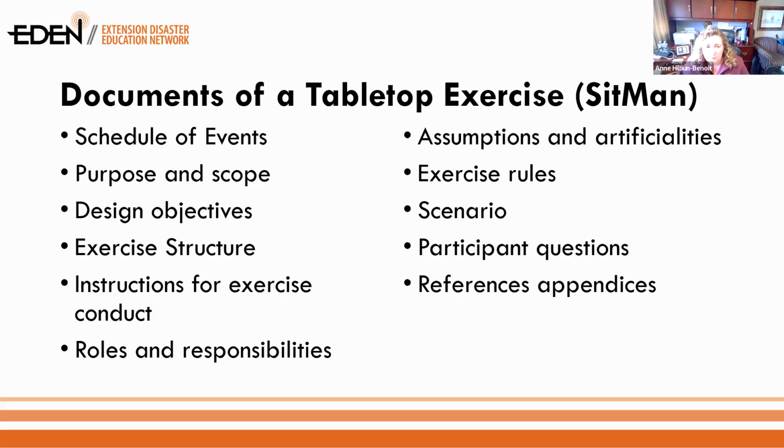So we always have a situation manual, and within that situation manual, you'll have a schedule of events, how long we think our basic agenda is going to take to do it, the purpose and the scope, the design objectives, what are we trying to achieve, the structure of the exercise. This would be how many modules there'd be in the exercise. So how many sections. Any instructions for exercise conduct.